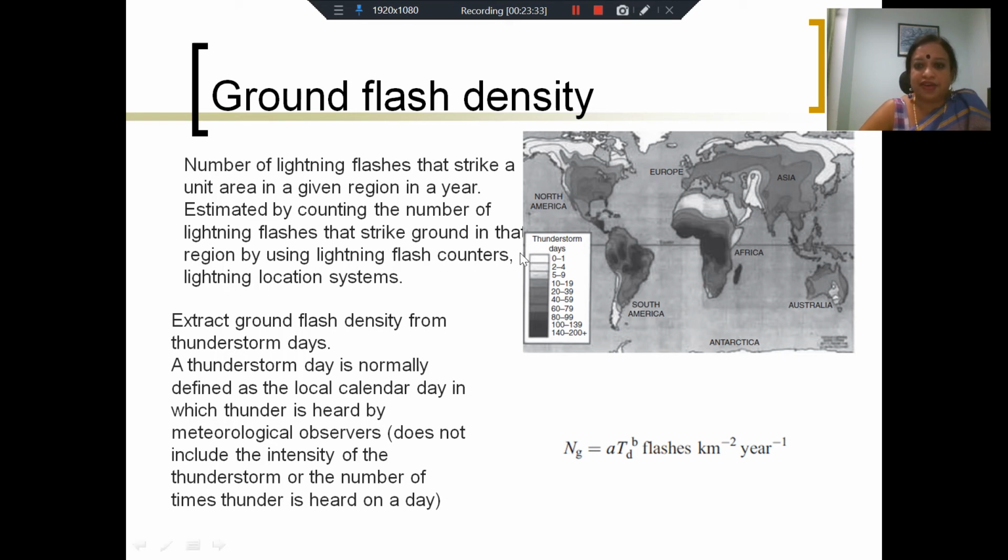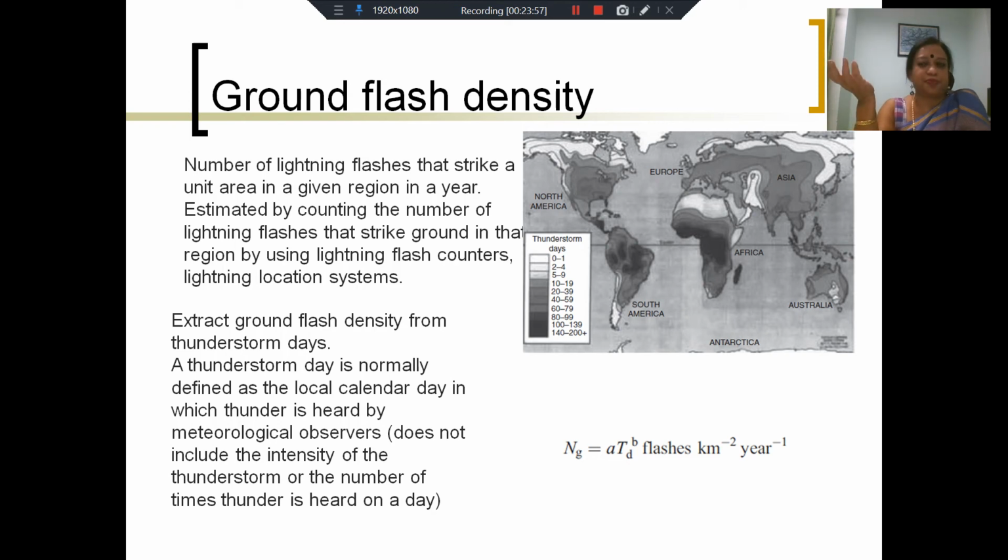You see the lighter regions correspond to very low thunderstorm days, very few thunderstorm days, and the darker regions are very high. Now, what is a thunderstorm day? A thunderstorm day is normally defined as the local calendar day in which thunder is heard by meteorological observers.